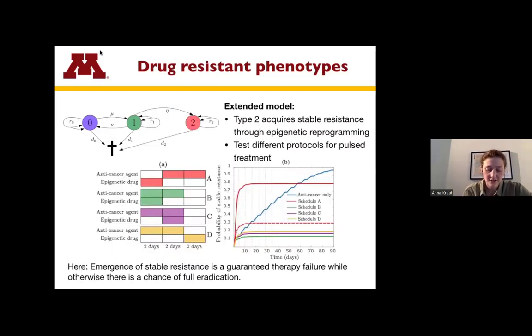They slightly changed their model for this, because in the paper, and I'm not going to talk a lot about this, they're actually looking at a third phenotype here that models the acquisition of stable non-reversible resistance.